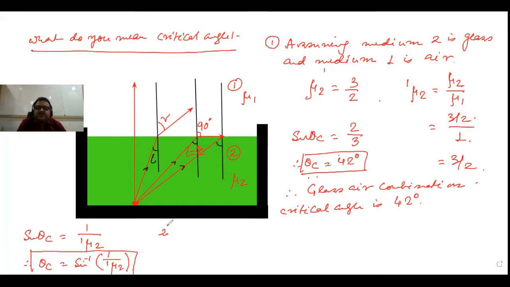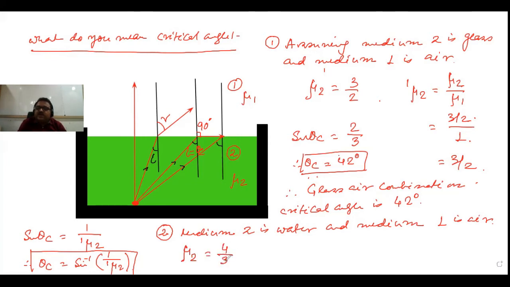Assuming another case, okay? Suppose medium 2 is water and medium 1 is air, and refractive index of water is 4/3. Correct? So apply the same rule again. What will be the value of theta c?